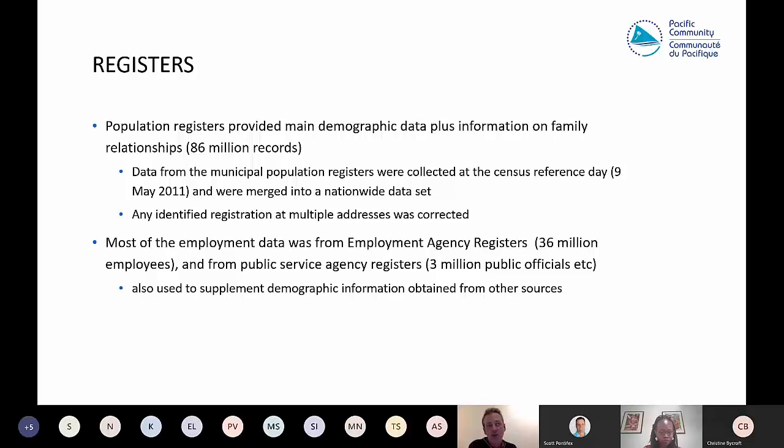Then most of the employment data used in their combined census came from the employment registers and also from registers for public service, so judges and public servants, etc. And these were also used to supplement some of the demographic information from other sources.